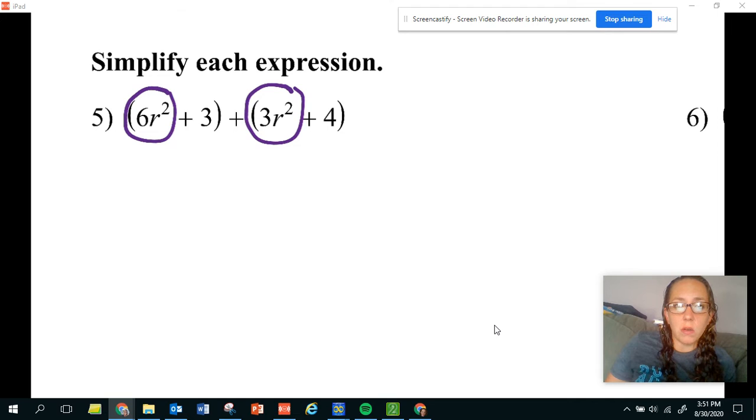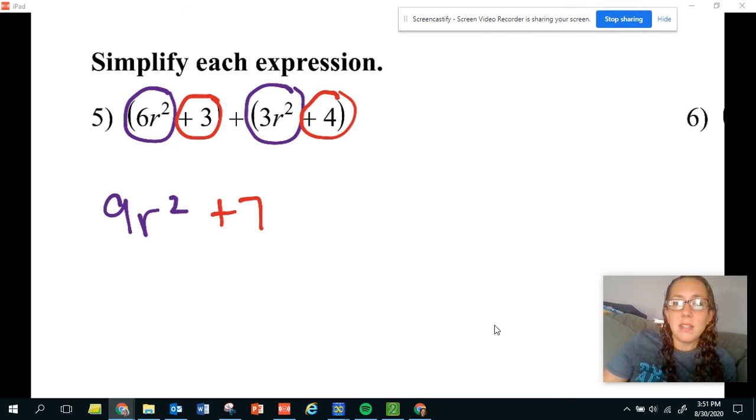So since that's true, I can go ahead and add those together. So it's going to be 9r squared. The r and the exponent, they don't change, okay? When you're combining like terms, you just add coefficients. The variable just tells you if they match. Then I've got two numbers that are constants. They don't have any variable attached to them, so I can add those together, and I get 7. And then you're done.